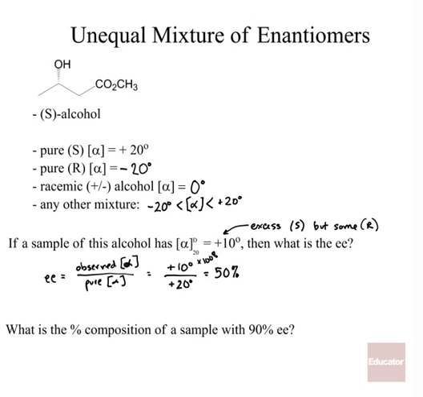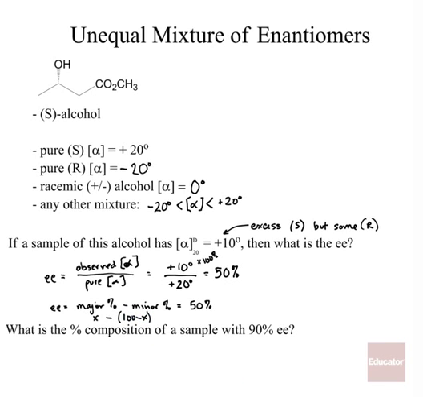So what does that mean for the percentage breakdown? How much of each molecule do we have? Well, remember that the other way to describe EE is the major percent minus the minor percent. And we could do a simple algebra problem to solve this. We could set the major percent as x, and the minor percent would be 100 minus x.